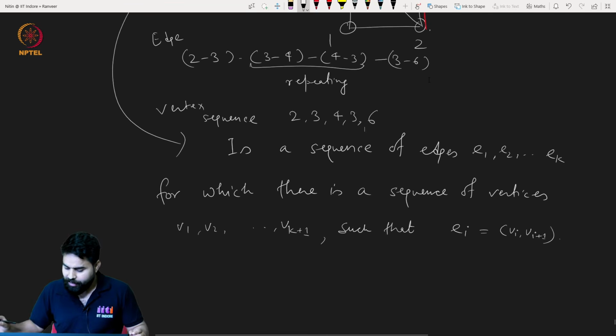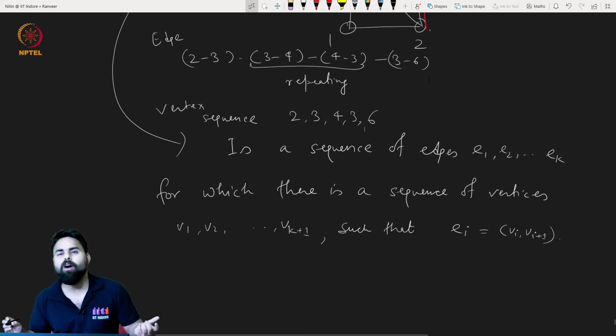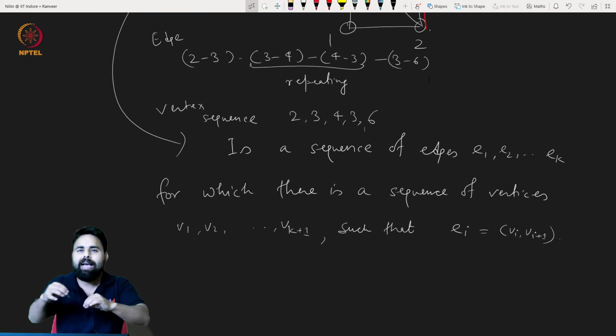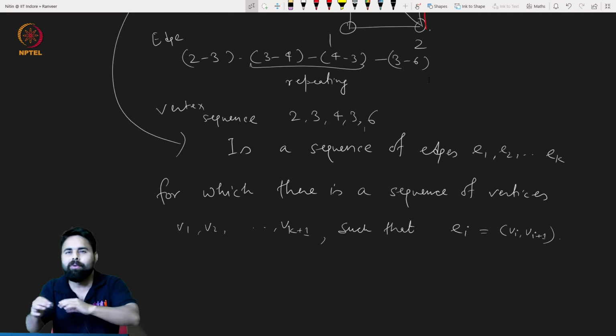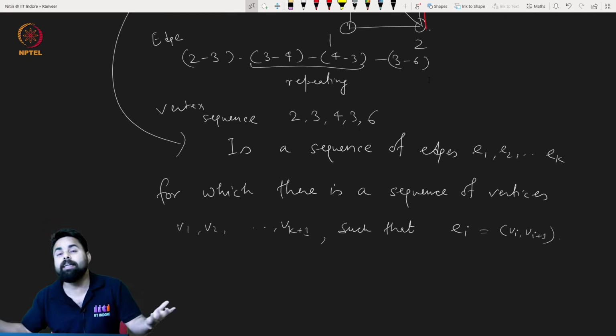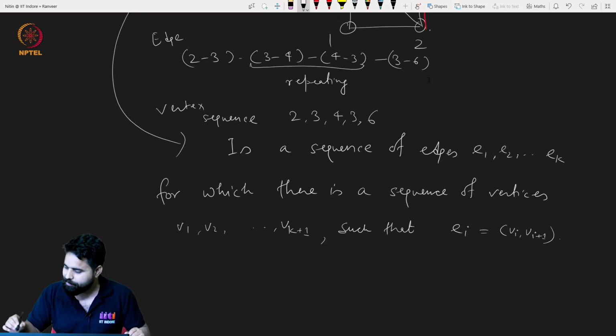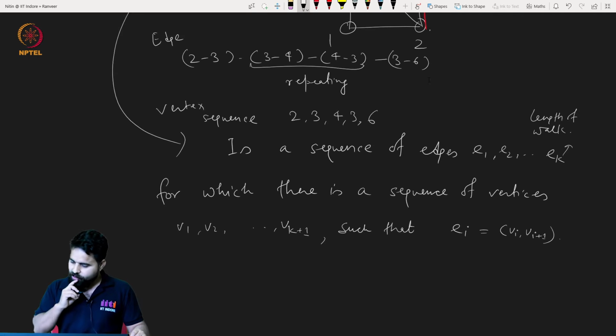By the way, the length of a walk is the number of edges inside that walk, the number of edges the drunkard has taken during the walk. So here the length will be k. Very good.